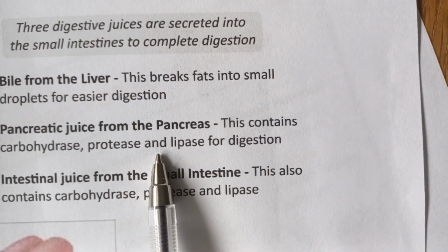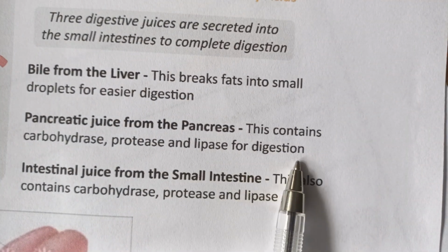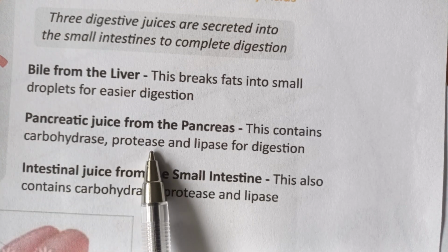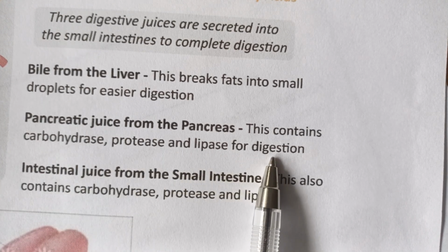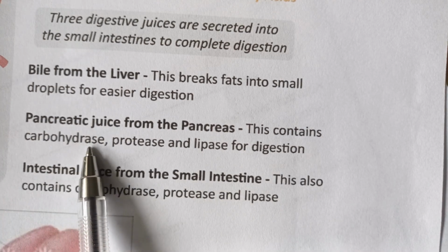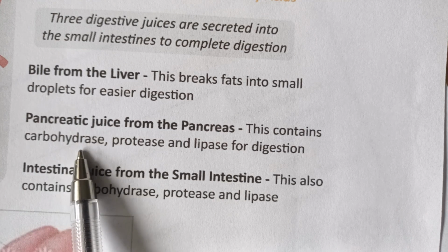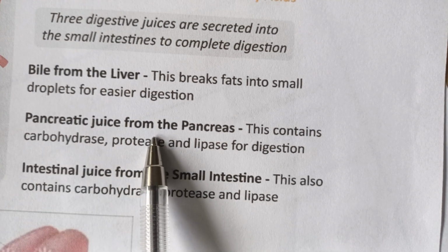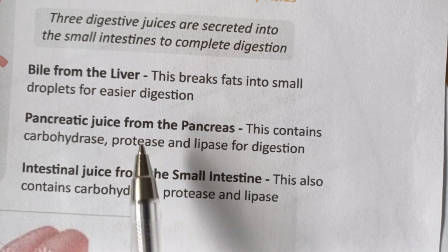The pancreatic juice from the pancreas contains carbohydrase, protease, and lipase. You can see from the name, when they say ASE, that is something that breaks down. Carbohydrase breaks down carbohydrates. Protease breaks down protein.